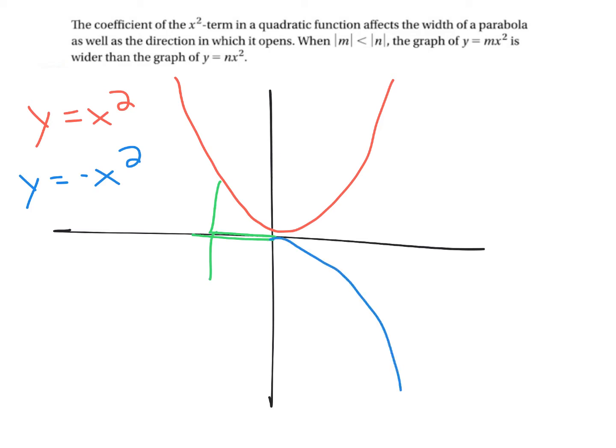So that would be the exact same shape, just flipped over the x-axis. The negative won't affect how wide or narrow it is. That'll just affect whether it's opening upward or downward. Hopefully that all makes sense.